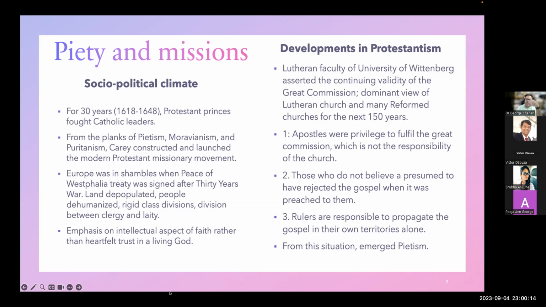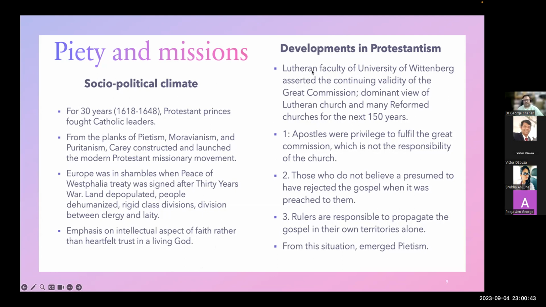That means they validated the Great Commission, but they believed it was finished with the apostles' time. We need to keep that in mind. Yes, they believed in the Great Commission, but they believed it was finished with the apostles. It was not continuing. So they held that belief for 150 years.